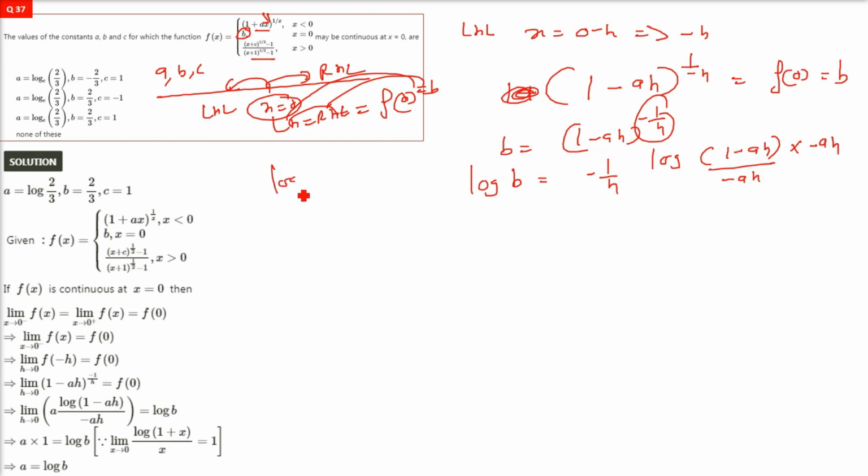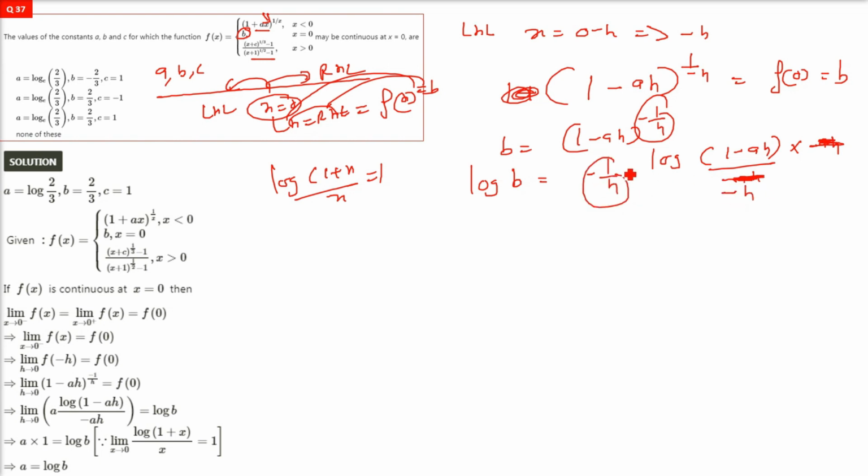Since already a negative h is there, because log(1 plus x) by x is 1, limit x tends to 0. But we have a negative 1 by h in the front already, which has come in front because we have taken the log. So this negative h was already there, minus h.